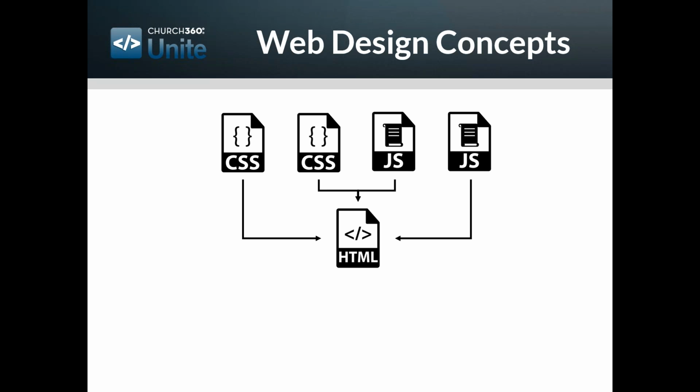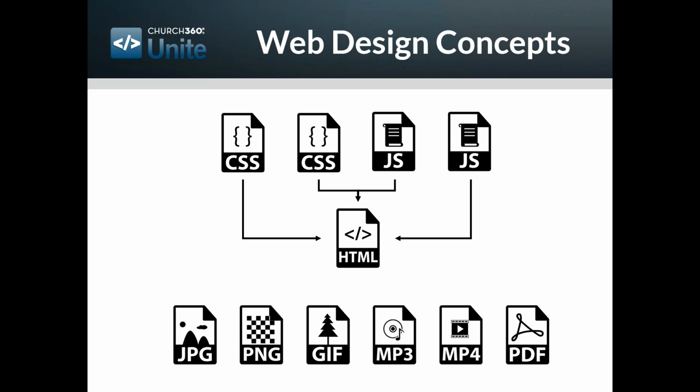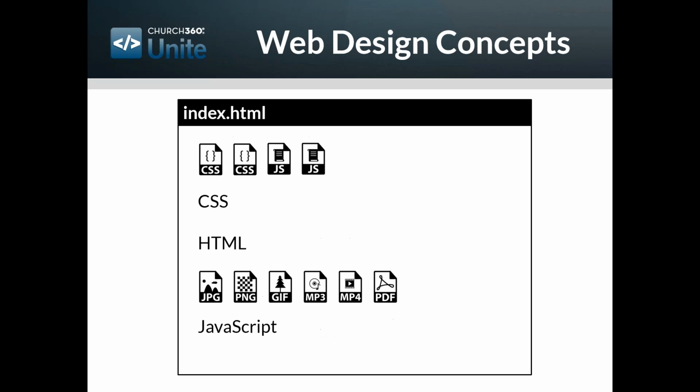And then also on the HTML file, you can connect to other file types like JPGs, PNGs, GIFs, images, audio, even PDFs, and so those are connected to the HTML file where it sends the user to those things. So all of these individual files are tied together on a single web page, but they're still unique elements, and they can be recycled across your website.